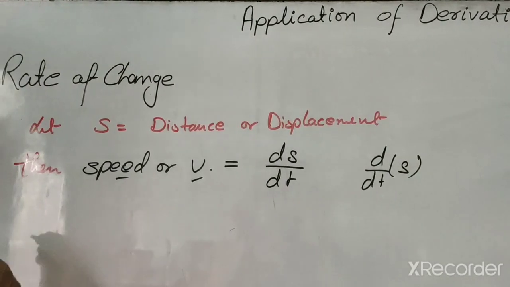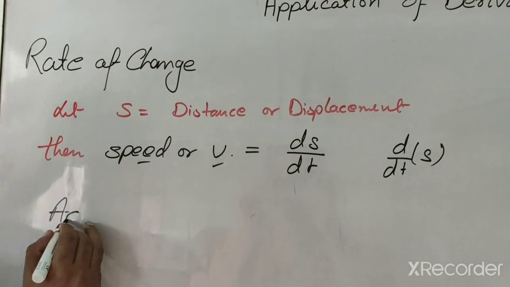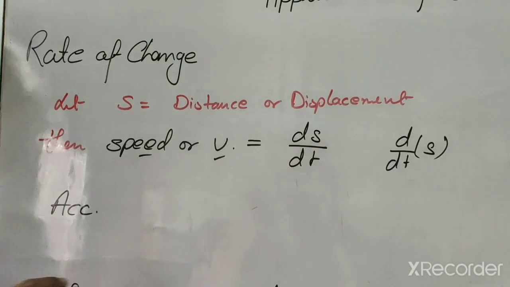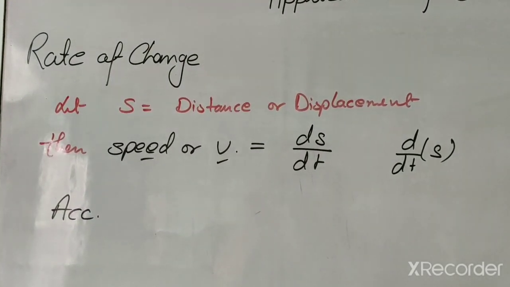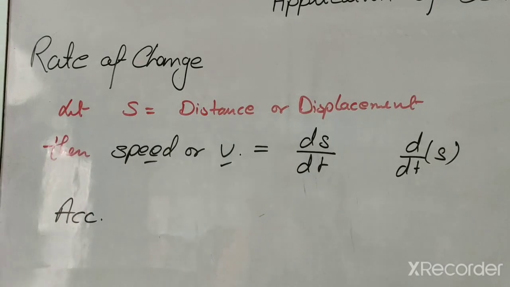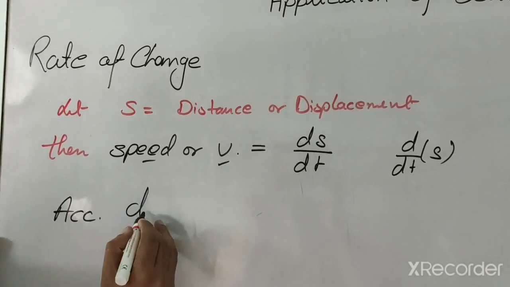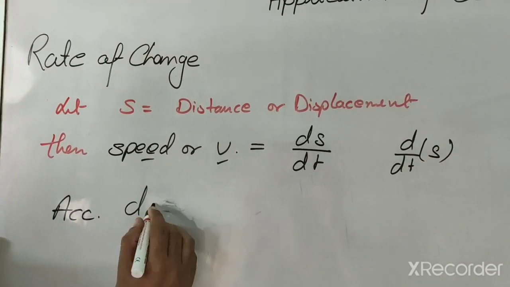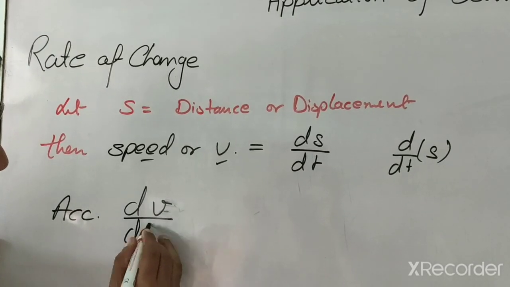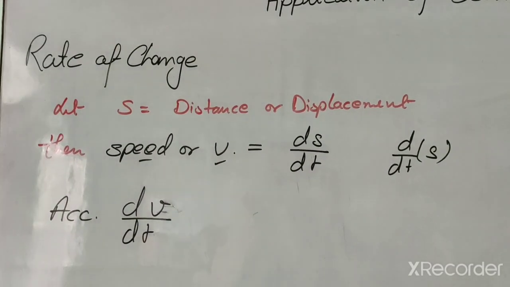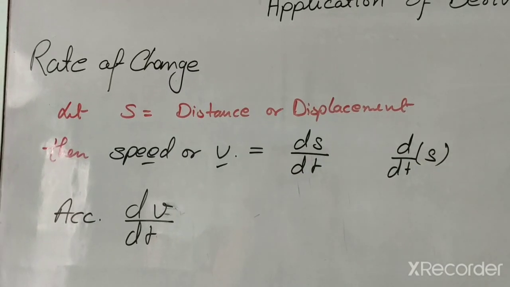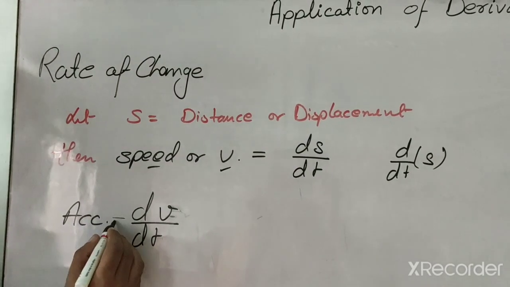Further, if I am going to calculate the acceleration, so acceleration is rate of change of velocity. So I suppose I am able to correlate the topic with the things whatever we have studied. So this is dv upon dt, rate of change of velocity is known as acceleration.